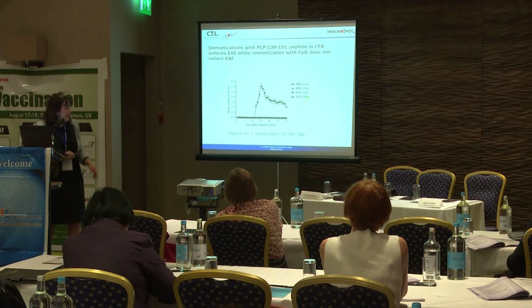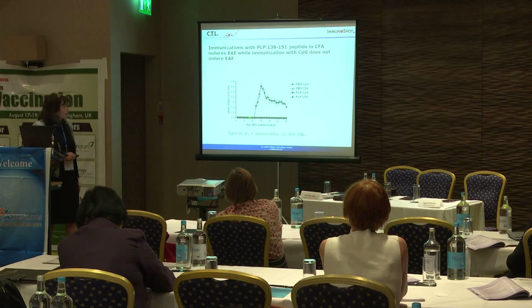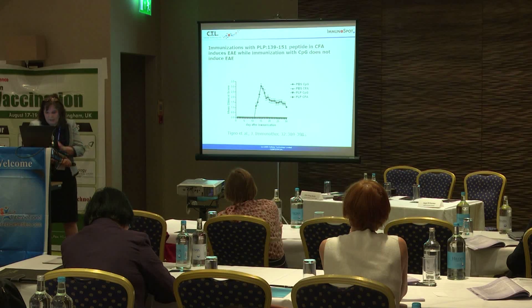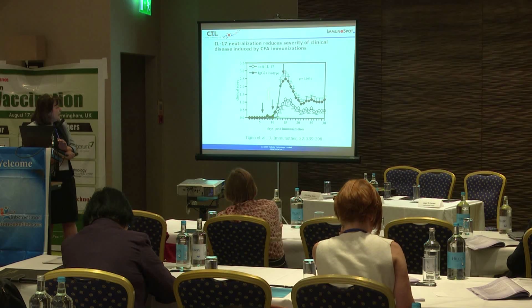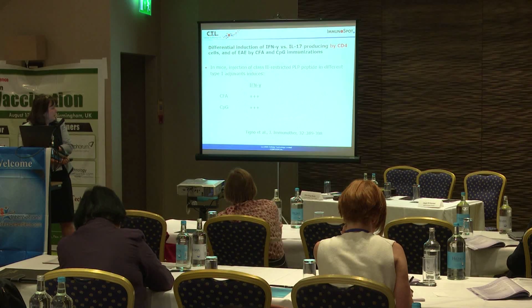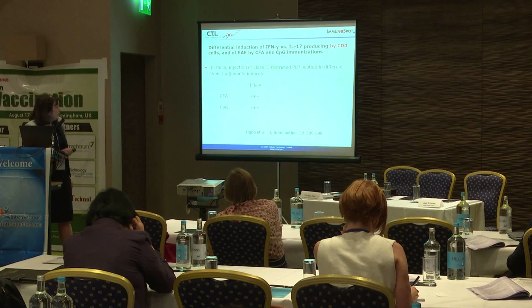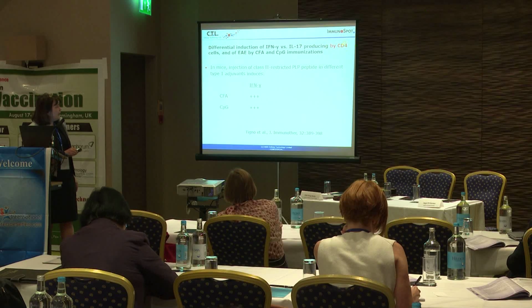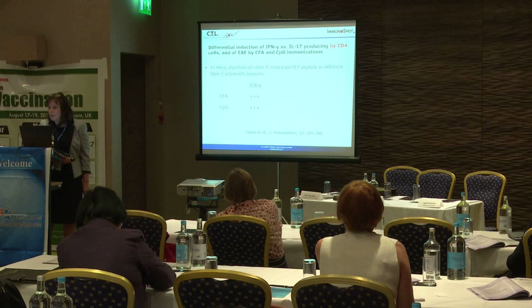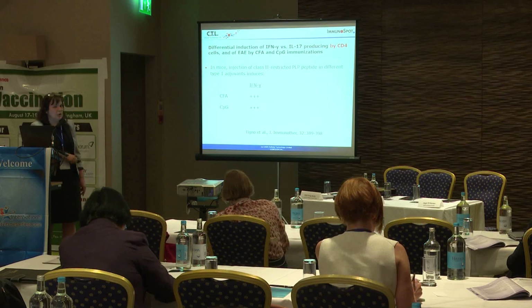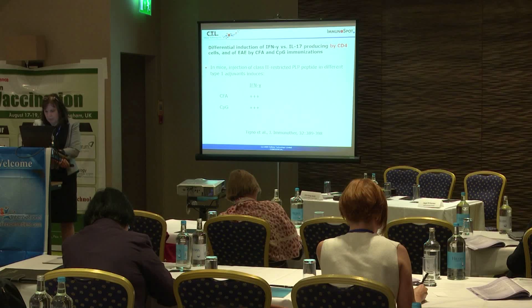Meaning, even though they had the same interferon gamma amount in both types, interferon gamma alone did not cause the disease. IL-17 was inducing the disease. If we added anti-IL-17, we could actually help the animal and cure them. So if we just look at interferon gamma by CD4 cells, CFA and CpG seem to be equally good. They induce the same size of interferon gamma production.